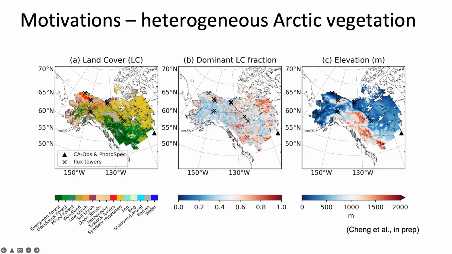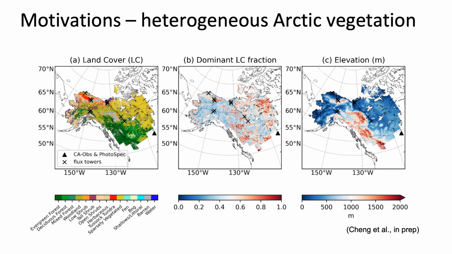And I agree with you, it's very complicated and also highly uncertain, because even within this 1 kilometer size, let's say evergreen is the dominant land cover, sometimes the dominant fraction is less than 50%, which means you probably don't even want to call it a dominant land cover fraction type.